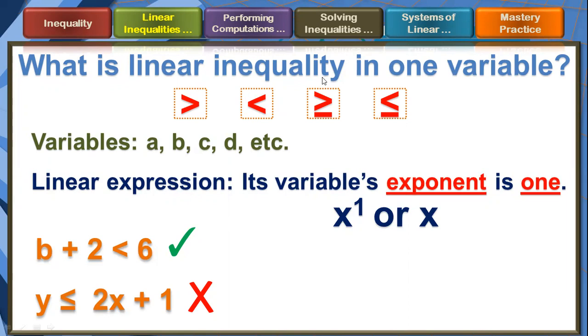This is not a linear inequality in one variable because it has y and x. So it already has 2 variables. This one is also not, because w squared is greater than 5 has this variable raised to 2. So this one is not a linear expression anymore because the exponent should be 1. So it's not.